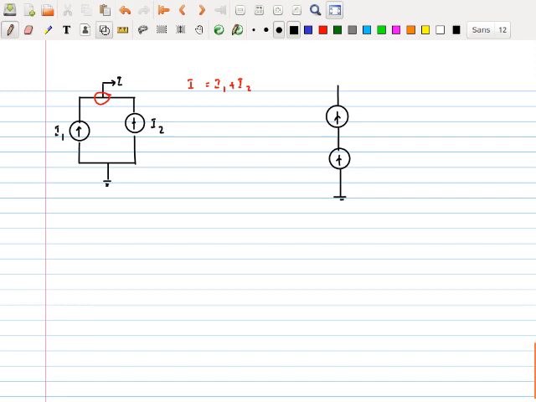The second question: if I have a current source and I put another current source like this in the same branch, what is I? I1 plus I2. Somebody else? This is your opinion, I1 plus I2.